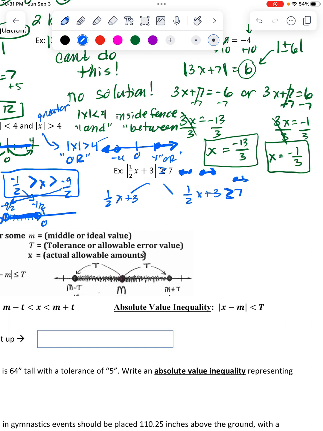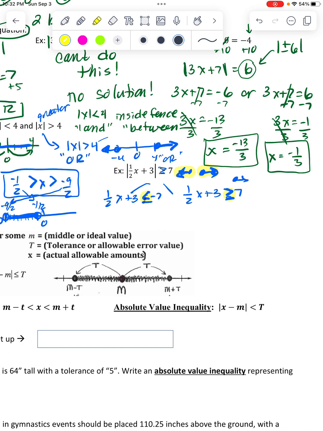Don't change what's in the bars, but I do have to flip this symbol over to make it a -7 here because I need arrows pointing both directions. So I want a less than here and a greater than there. So my symbols are also pointing out in two different directions. So for example, this symbol is pointing to the left, that arrow will go left. This symbol's pointing to the right, that arrow will go to the right.